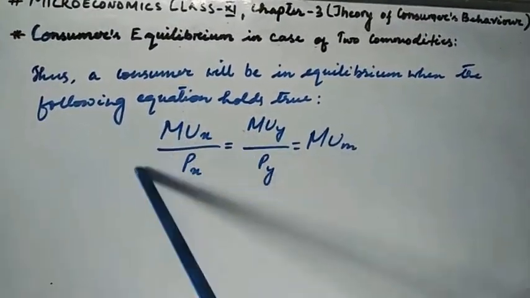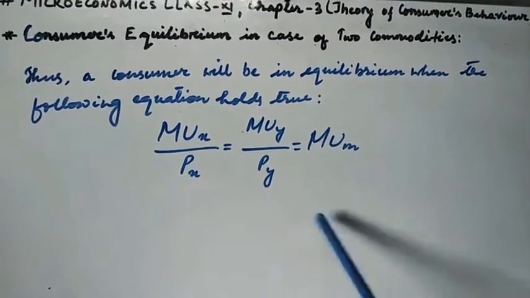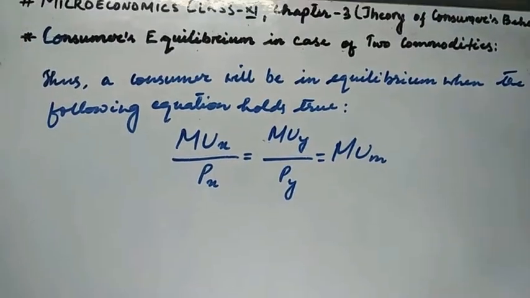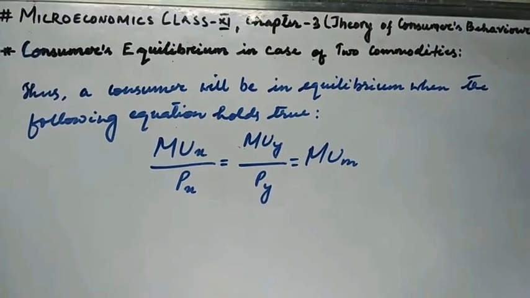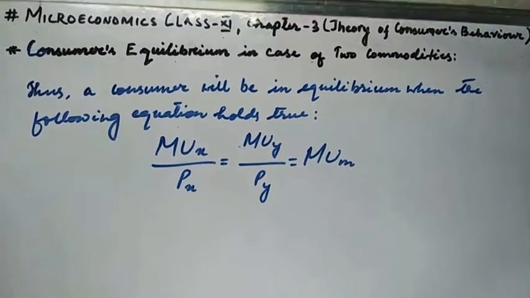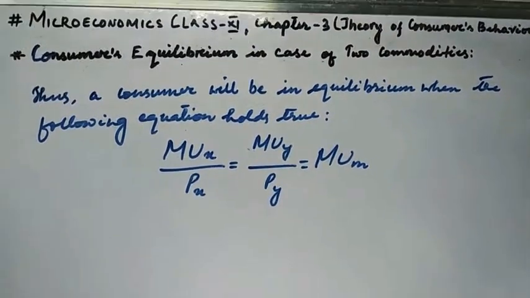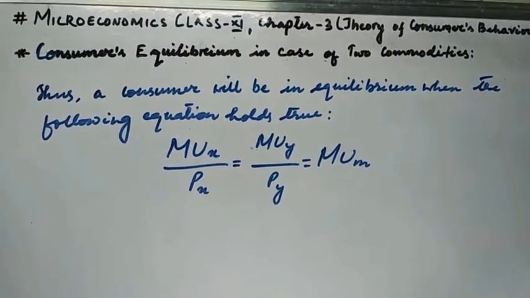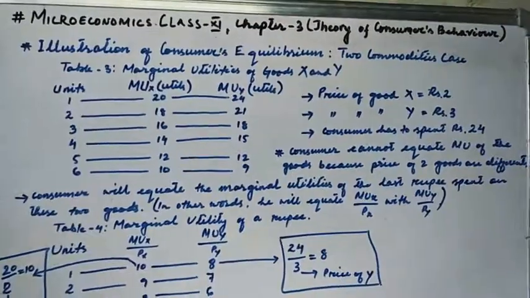It is at this equation or position that a consumer will be in equilibrium in the case of two commodities, given his money income and the consumer being rational. That is the position of a consumer's equilibrium in the case of two commodities.